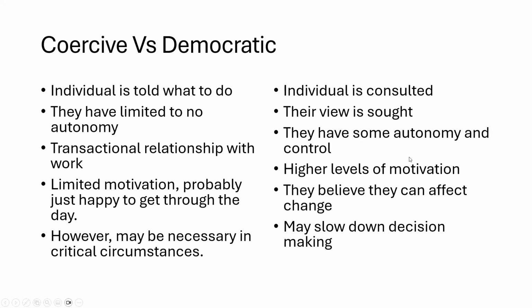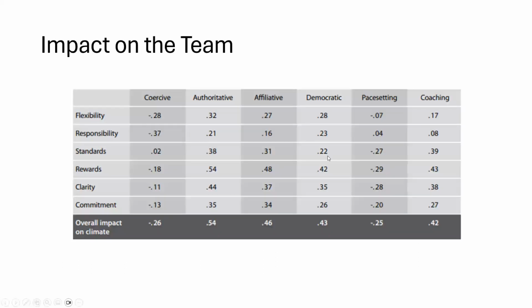So that's the impact on the individual. Now, in terms of the impact on team performance and dynamics, I'm going to go back to the article. So excuse the numbers. It's actually hopefully a bit simpler than it looks. This is from Goldman's article, and he does a comparison of the different styles on the impact on team dynamics.